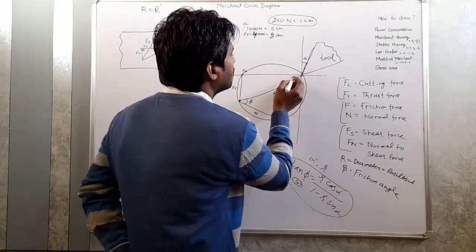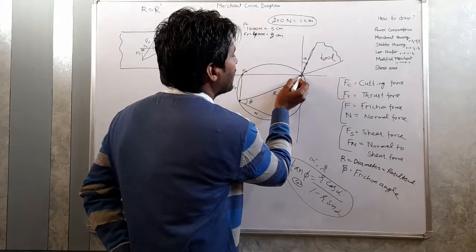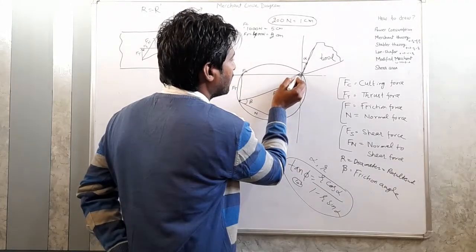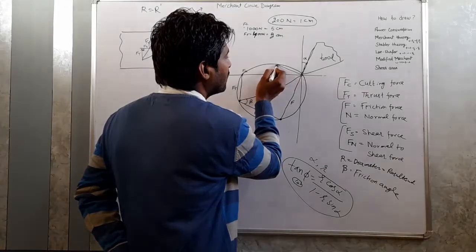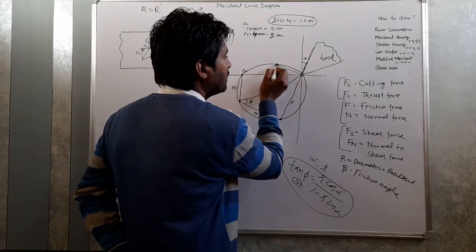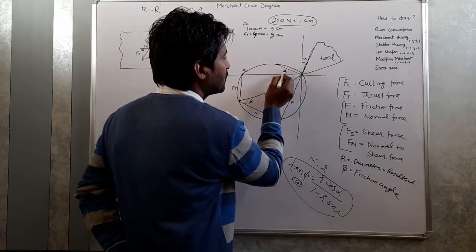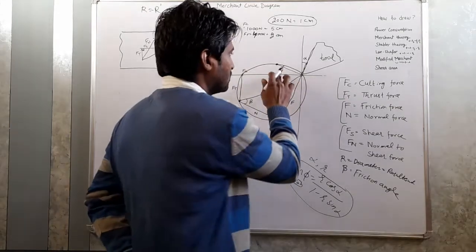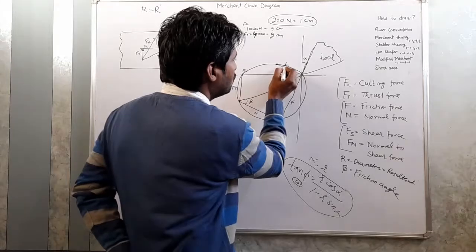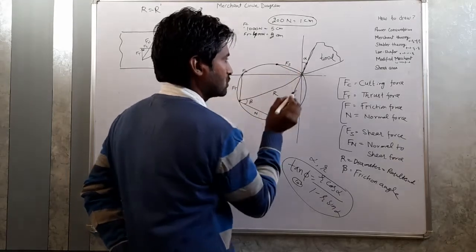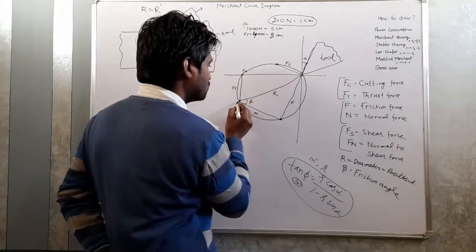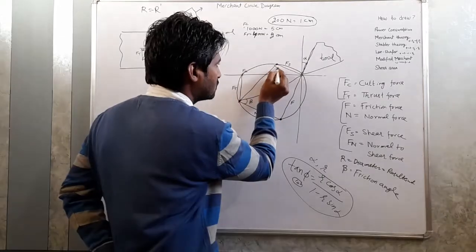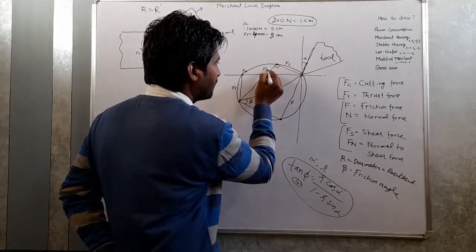At this angle phi, we will draw a line, and the point where it meets the circle, we will measure the length. This length will be equal to the shear force, and from this point to this point will be the normal to the shear force, that is Fn.